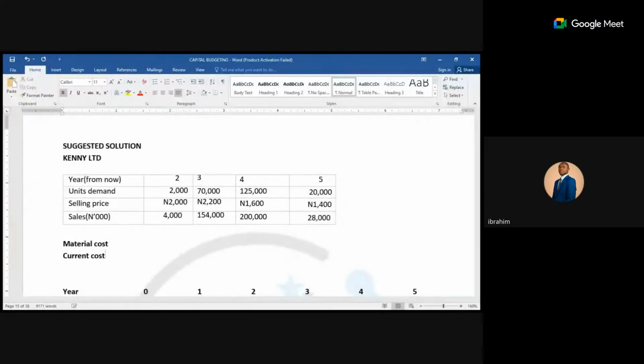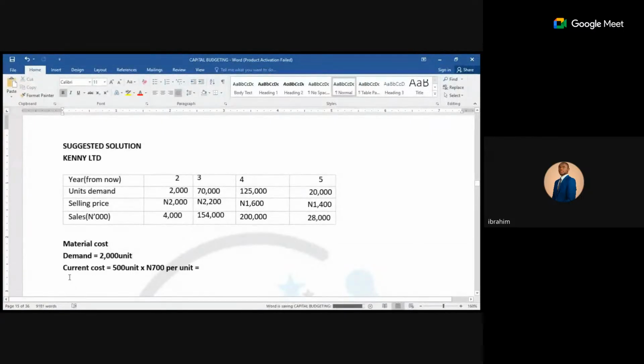Okay, let me do it this way. Current costs: 500 units times 700 naira per unit. Don't forget that the demand is 2,000 units.